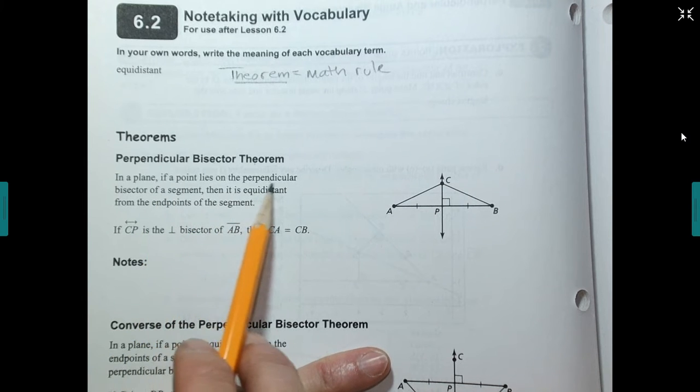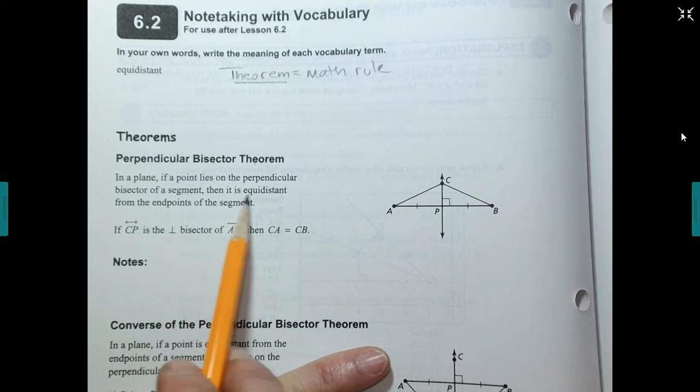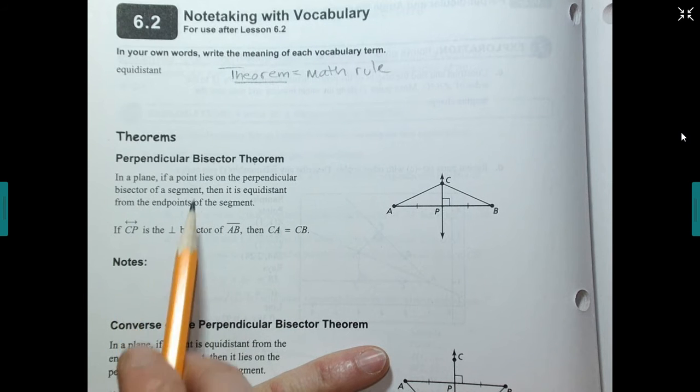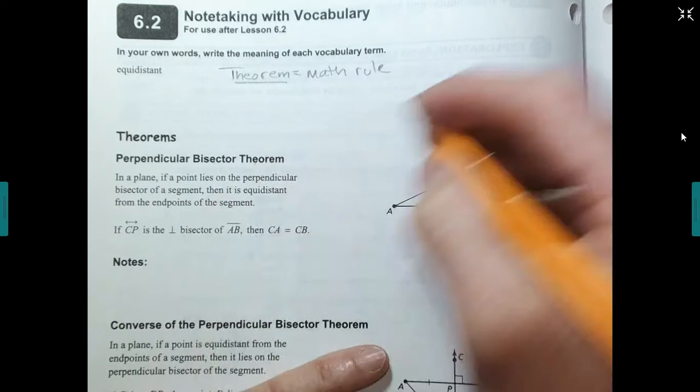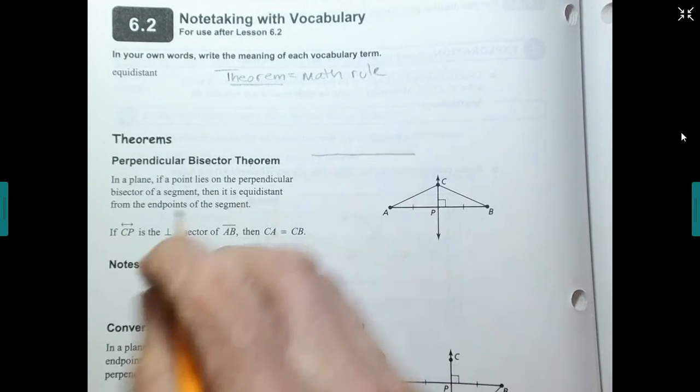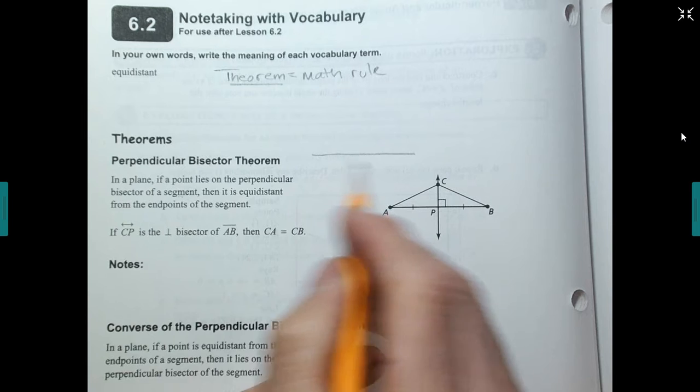Perpendicular bisector rule. If a point lies on a perpendicular bisector of a segment, then it's equidistant from the endpoints of that segment. What? So what that means is, here's our segment.